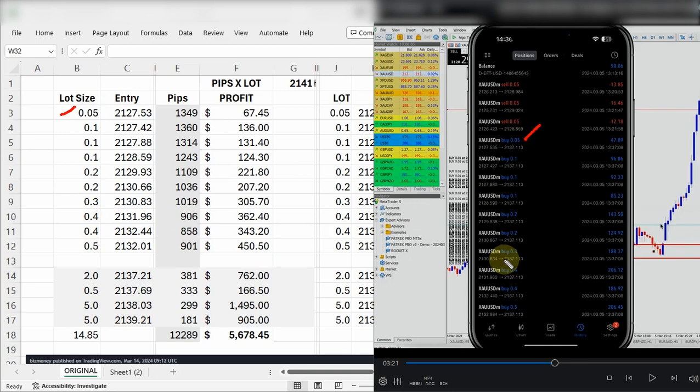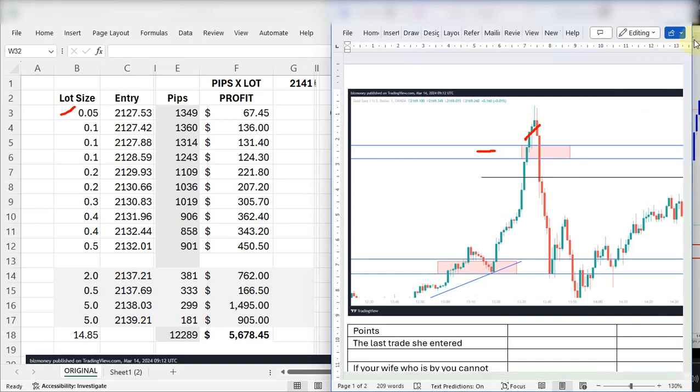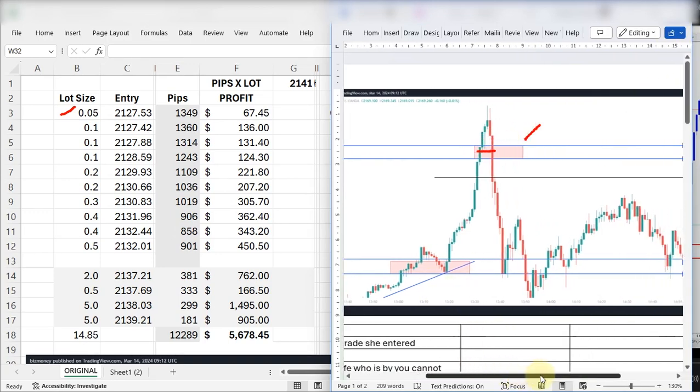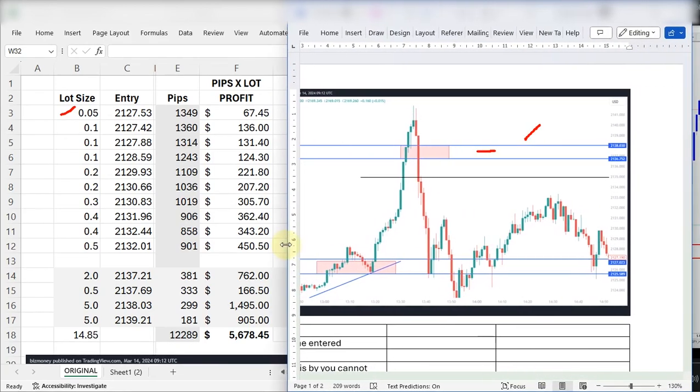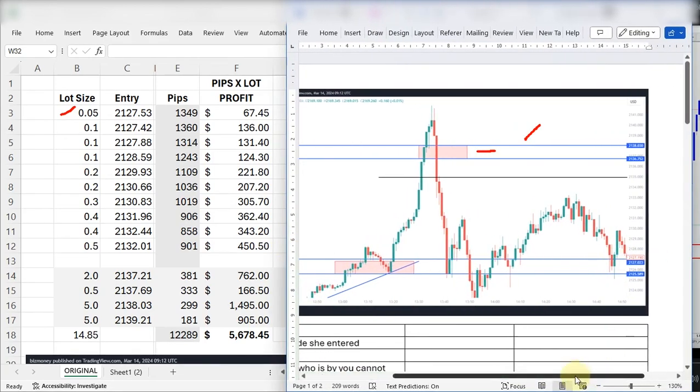And from here, this is the first trade you took, which is 21.29. And if we go to your chart, let me put that up. This is your chart. And if I go to the right, I want this to be visible.